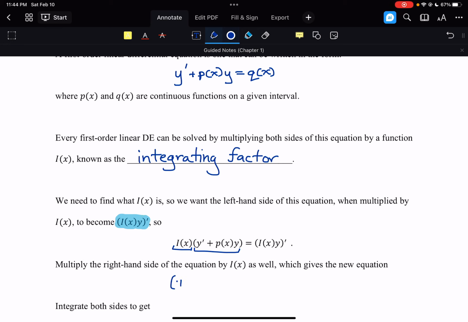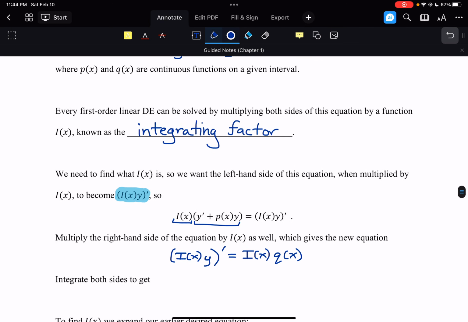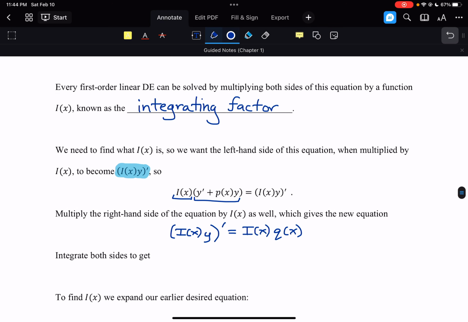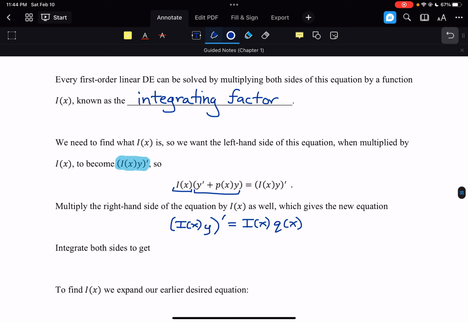So that gives us I of x times y prime equals I of x times q of x. That was the right-hand side up here, q of x, so times I. So this is our desired equation.